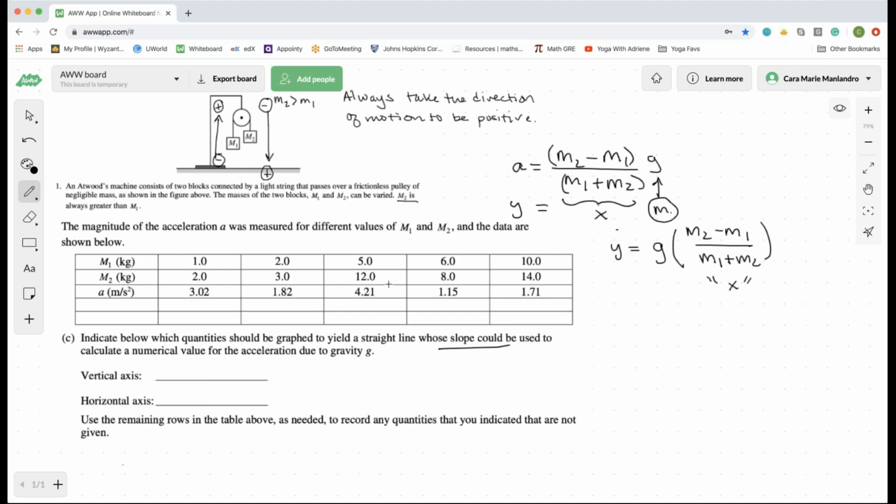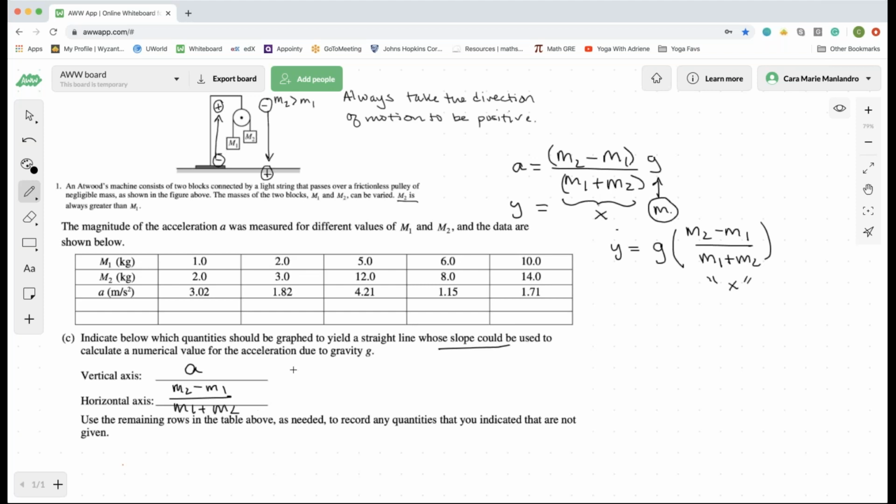Your y-axis is going to be your acceleration, and your horizontal axis, your x-axis, is going to be this quantity m2 minus m1 over m1 plus m2.